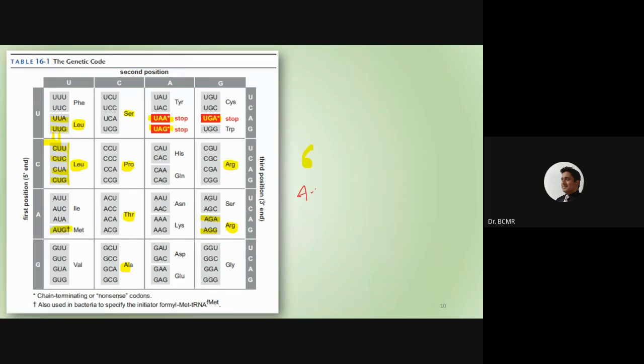Say arginine is coded by 6 codons, then what do you expect? You would expect that there are 6 different tRNAs for arginine.